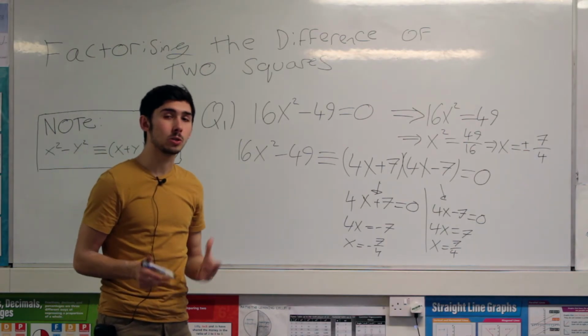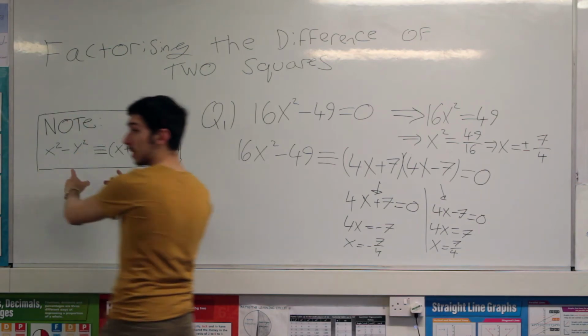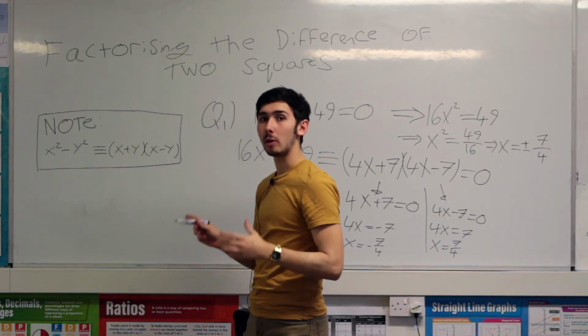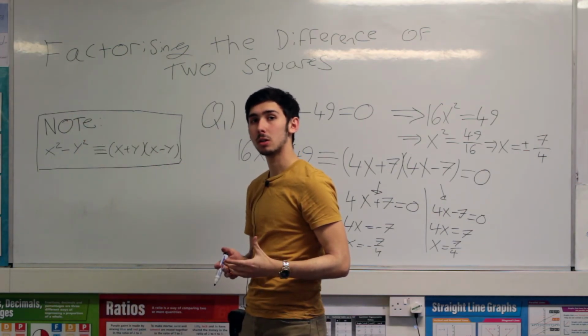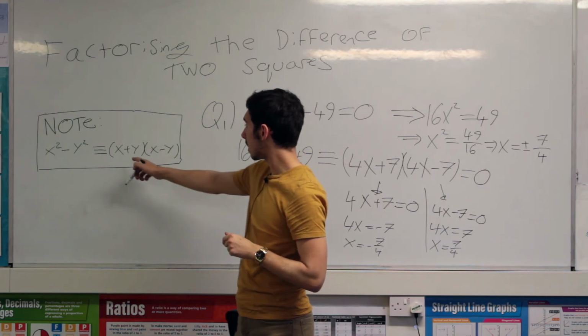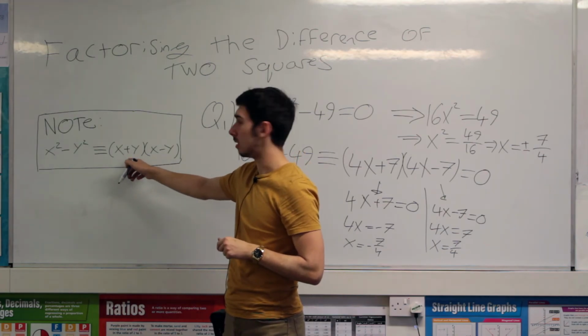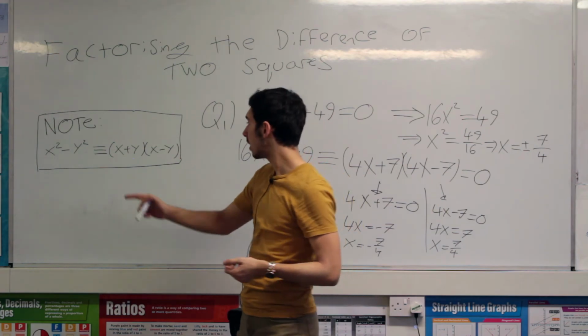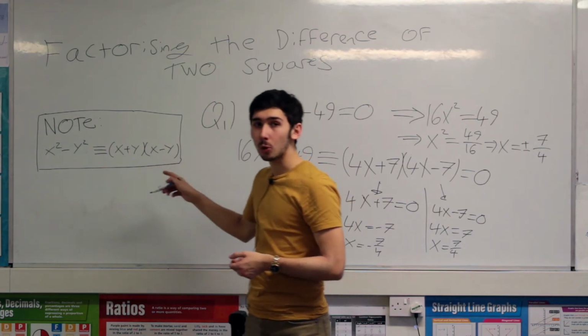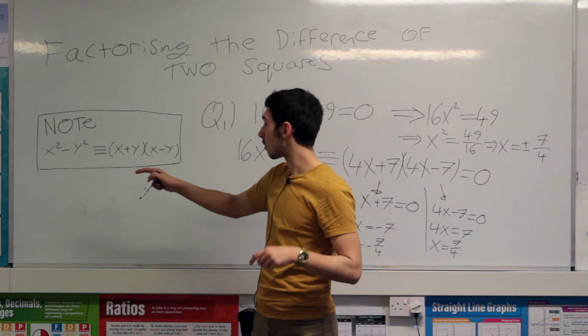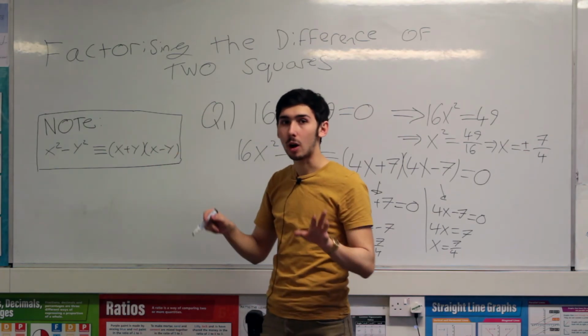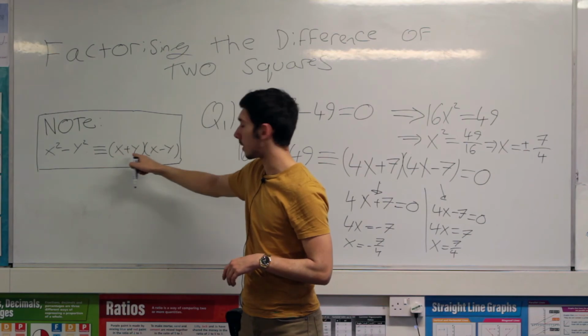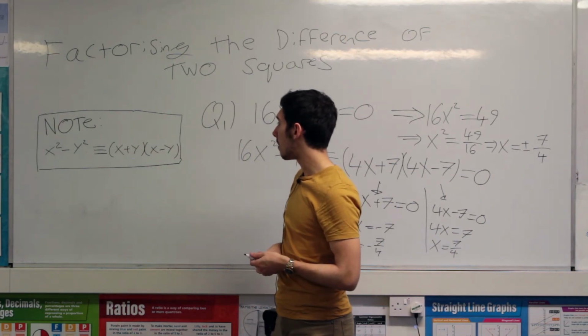This formula here is also the reason why rationalising the denominator works. Because let's say that this is some denominator, x plus y, maybe it's like 1 plus root 5 or something. We agree this is the conjugate of 1 plus root 5, right? It's 1 minus root 5, if we pretend that that's a 1 and that's a root 5 for a second.